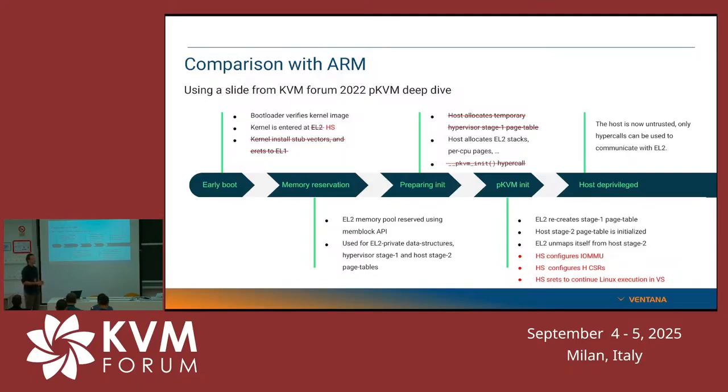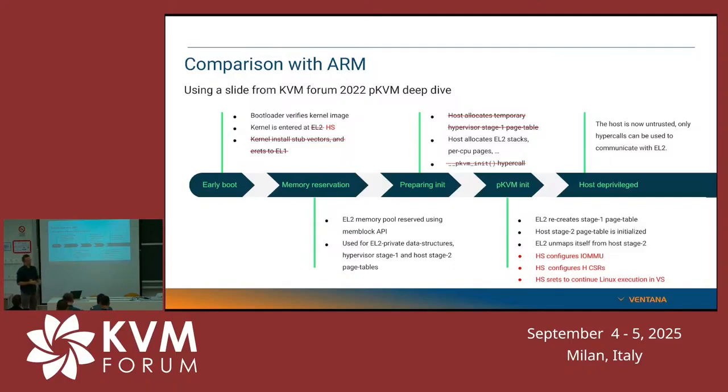Because HS is the mode where pKVM is going to continue running, we don't need to install the vectors anymore. In ARM, you need to iterate to EL1 because that's where the operating system runs, but the operating system runs in HS normally on RISC-V. So we don't need to install anything and iterate that early.